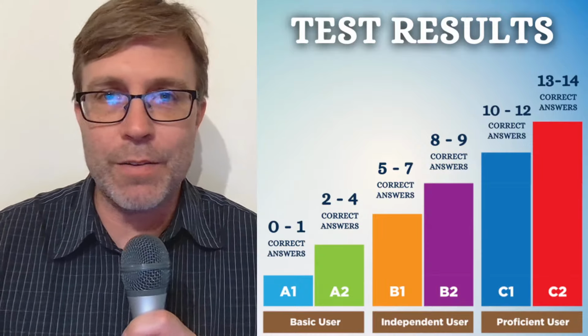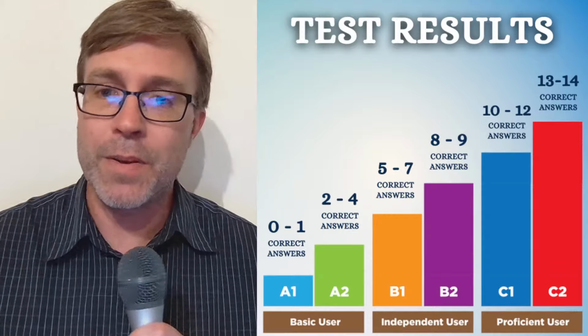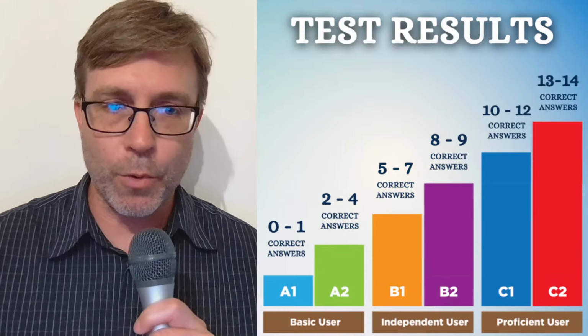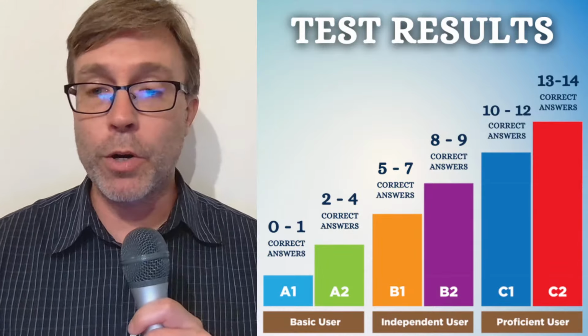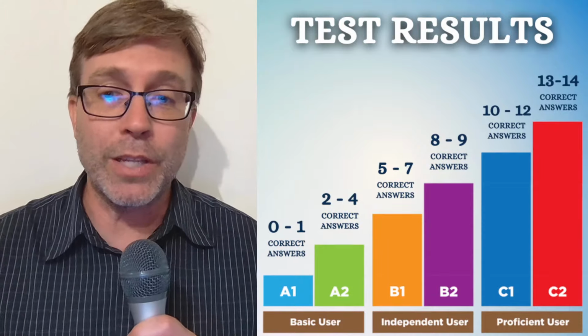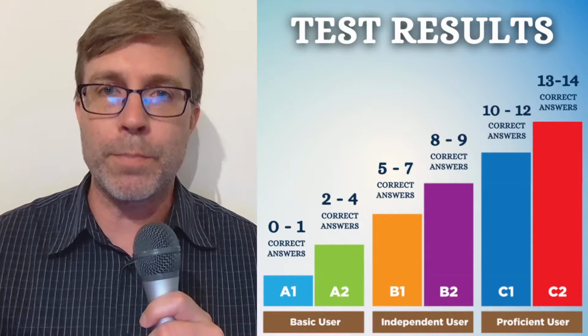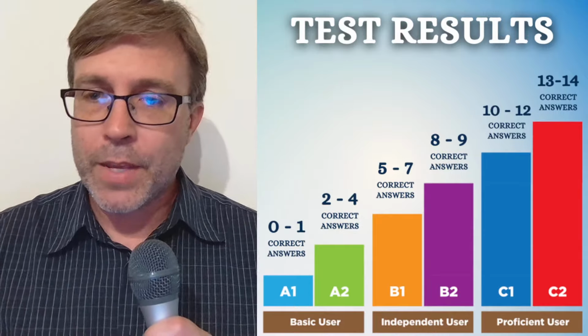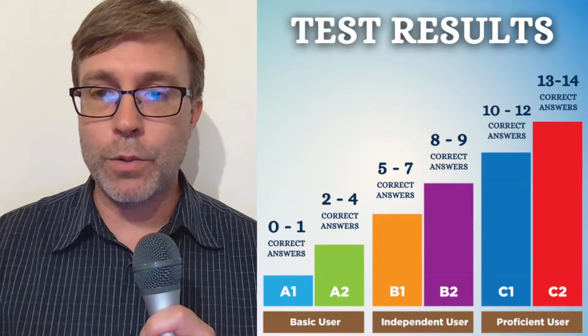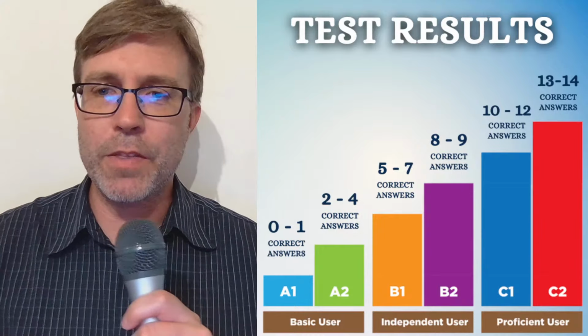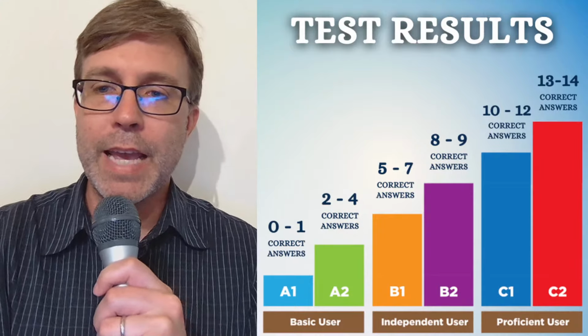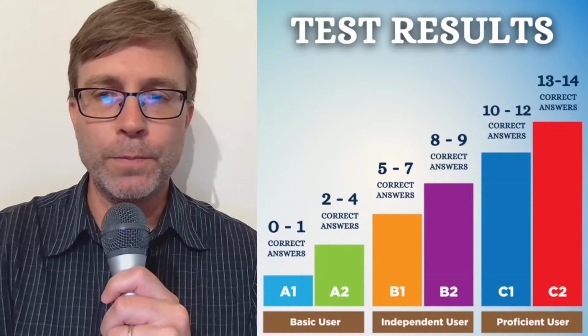If you just got one correct or none of them, probably maybe A1, you're more of a beginner. 2 to 4 correct, I would say maybe at an A2 level. This is, again, the European framework, A1, A2, B1, B2, C1, C2. Intermediate would be B1, B2, 5 to 7, maybe around the B1 level. 8 or 9 correct, B2.